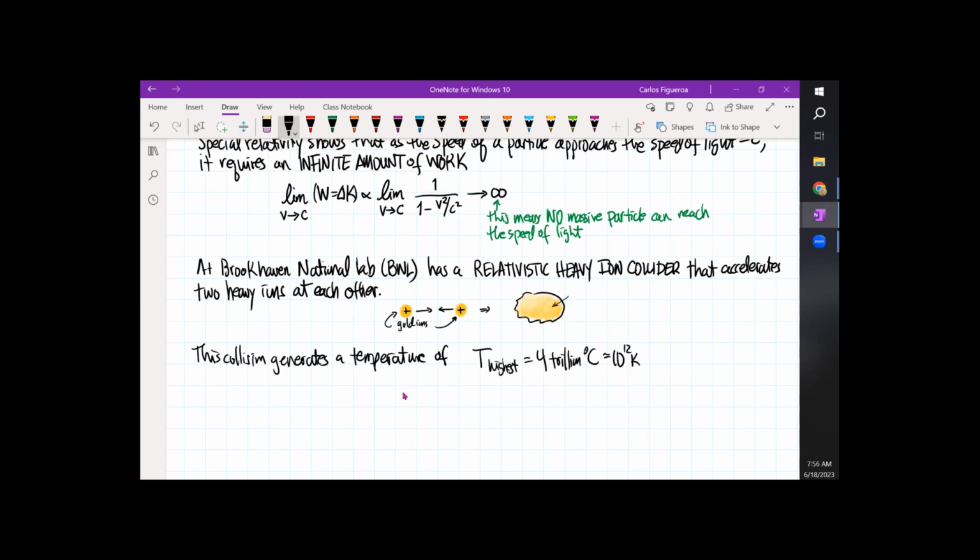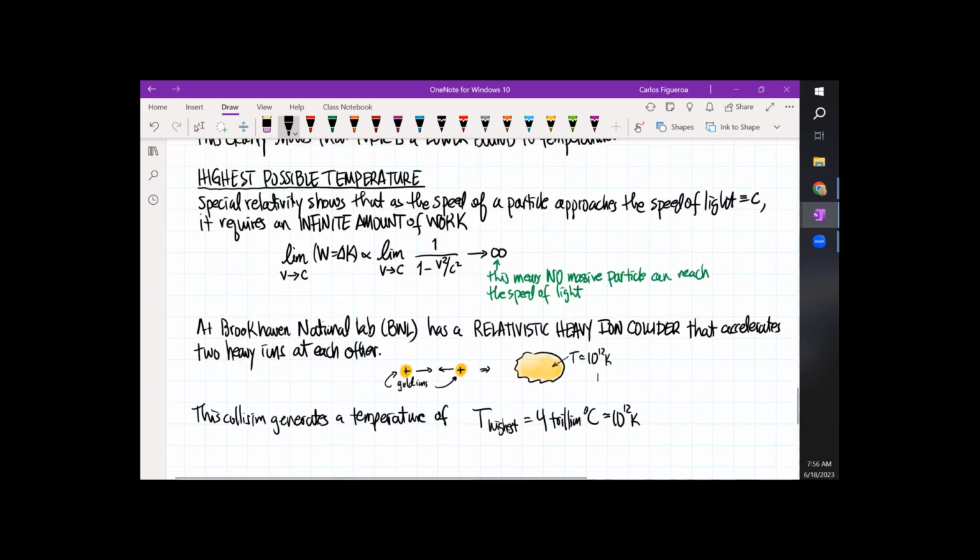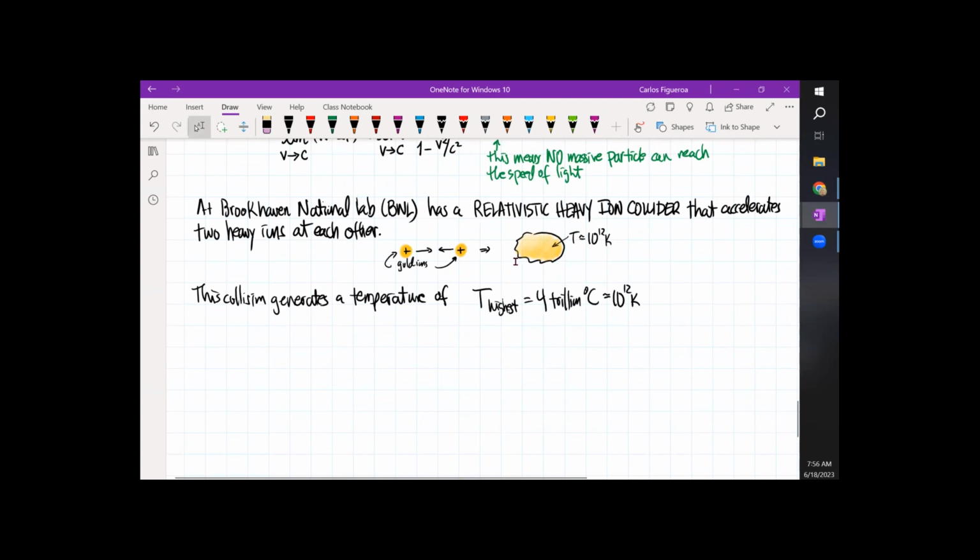So that means that this temperature at this collision region is 10 to the 12 Kelvin. Well, is this temperature infinite? And the answer, of course, is no. 10 to the 12 is not equal to infinity.